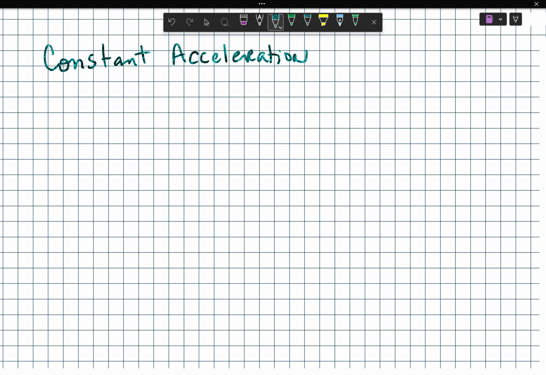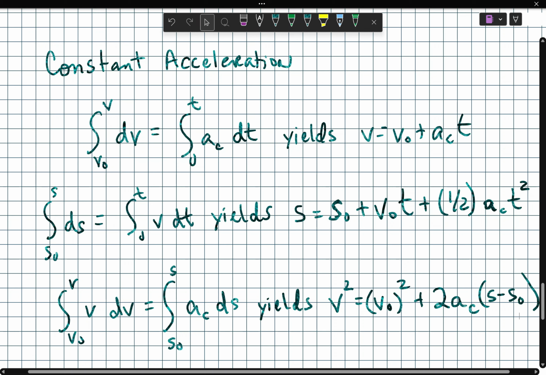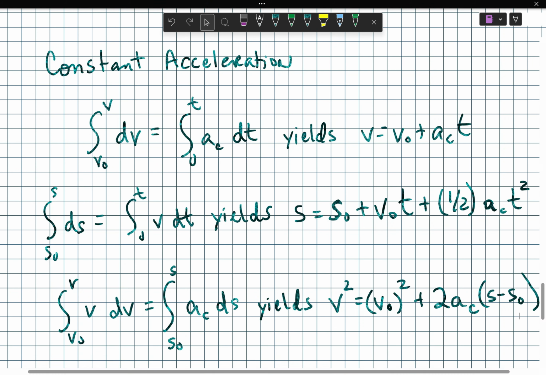In this case, a sub c is what we usually call g, which is 9.81 meters per second squared, or 32.2 feet per second squared downward. So here are the presented equations.